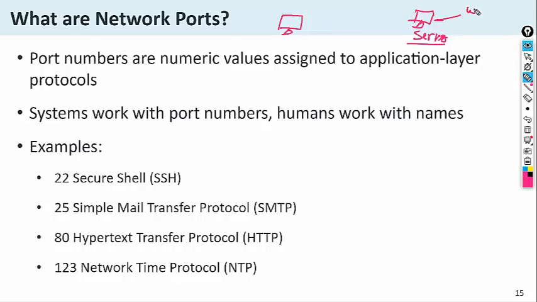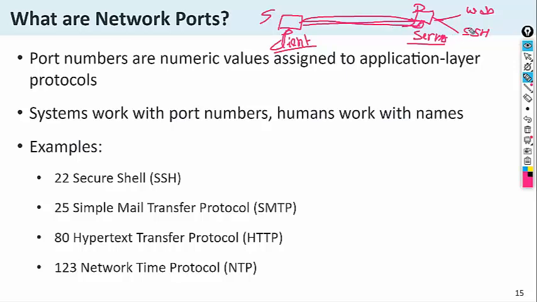One service is a web service, another is an SSH service. So two different services are running, and the same client is accessing both of them. So how will it identify them? Because the source address and the destination address will be the same.